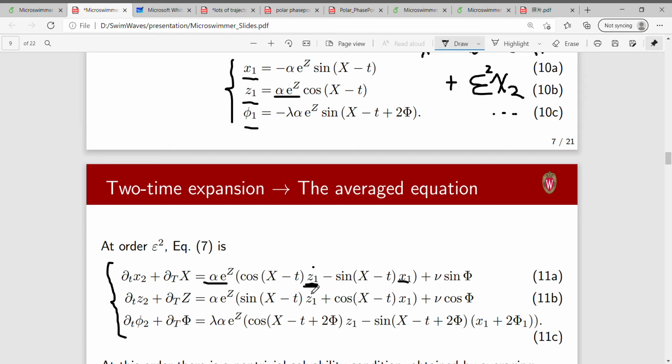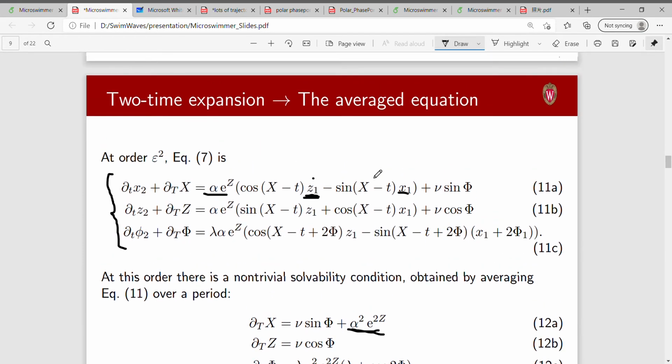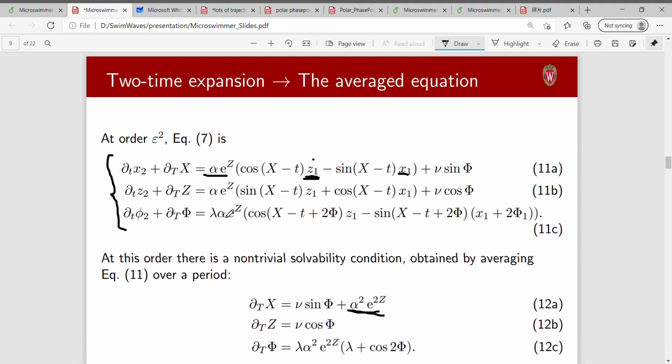We insert those expressions here, and average this over a period of 2 pi. And then we can find that dx dt will be nu sine phi plus alpha square e to the 2z.